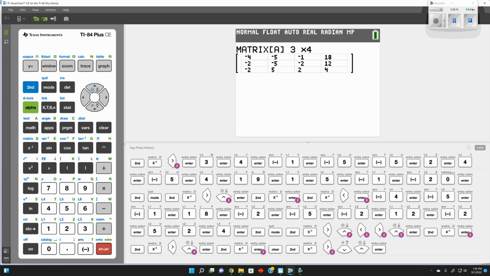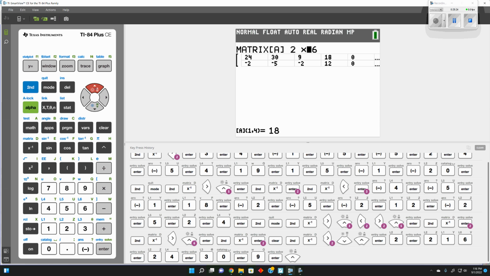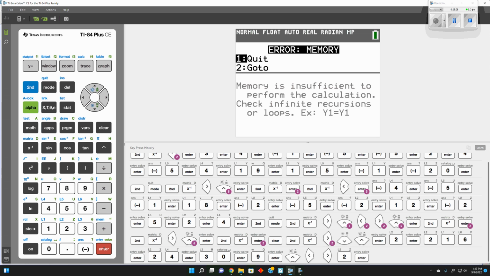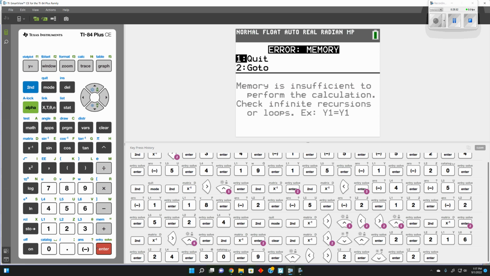Now for this one here, we have a 2 by 2. Go on and read it off, because it's going to take 16, 24. Go to 2.